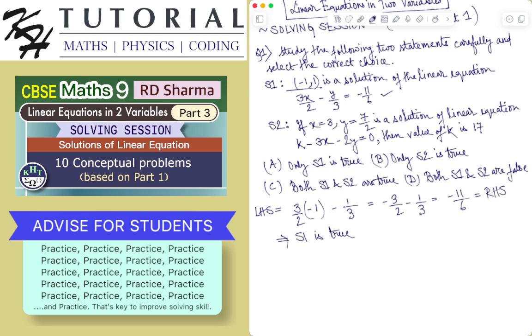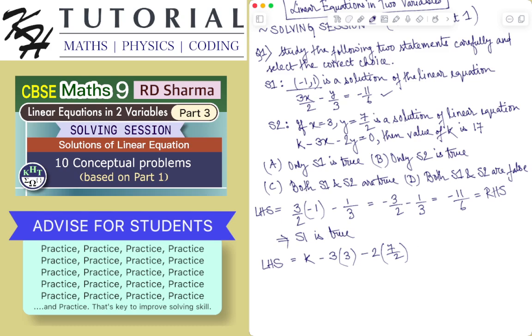Okay. Let's see the statement 2, x equals 3 and y equals 7 by 2. So let's see what is the LHS of the linear equation by substituting the value of x and y from the solution ordered pair. LHS is equal to k minus 3 times x, which is 3, minus 2 times y, which is 7 by 2.